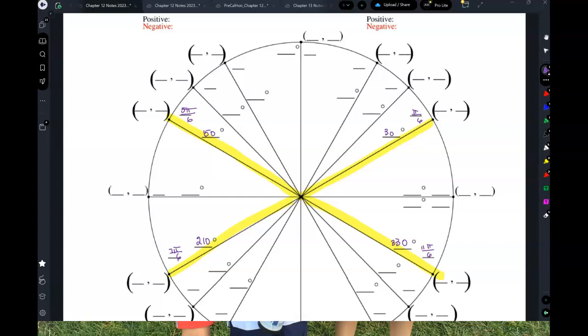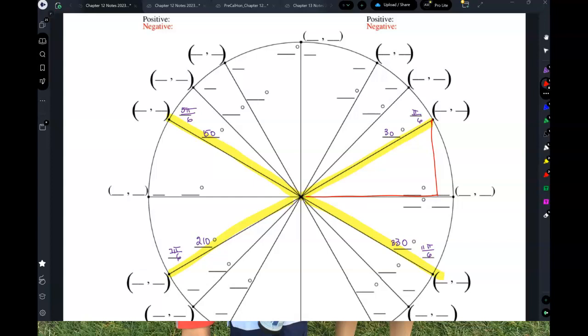Okay, so when you create a triangle here, basically what I want to do now, you see how when I did my 30-degree, this yellow line intercepts the circle at that point. What I want to do now is figure out what the coordinate is.